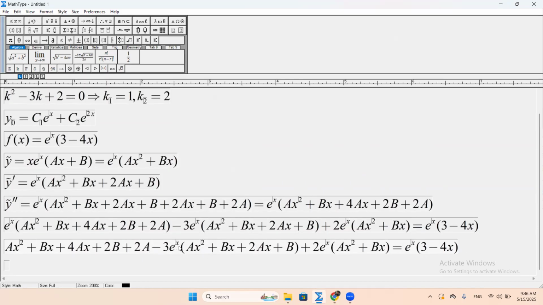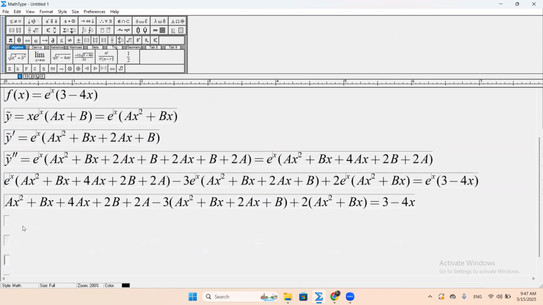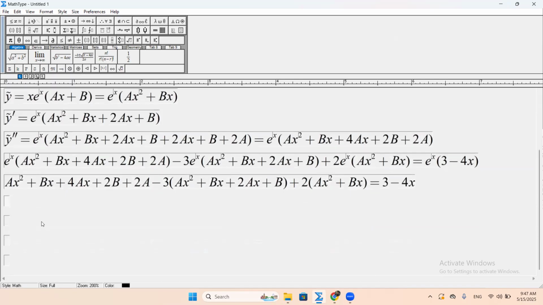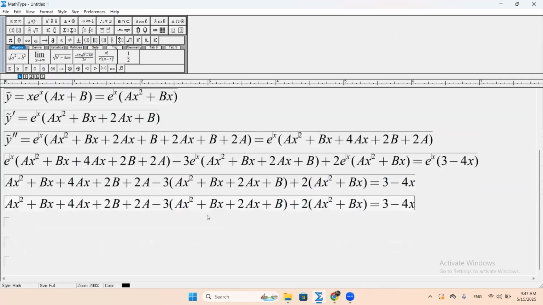We can cancel it because we know that the exponent is always positive and cannot be equal to 0, so we can divide by it. And now let's regroup all these coefficients. First of all, we will expand the brackets: minus 3ax squared minus 3bx minus 6ax minus 3b plus 2ax squared plus 2bx.